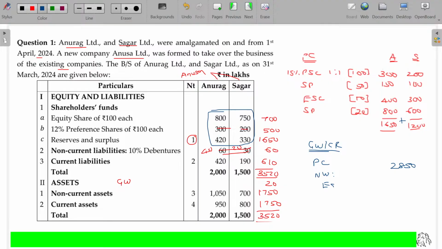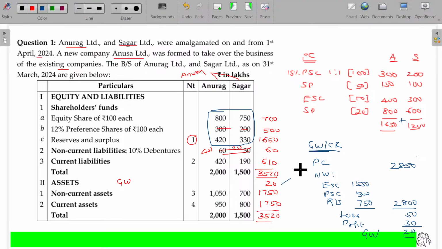Equity share capital 1,550, preference share capital 500, reserves and surplus 750. Total 2,800. So you are paying 50 rupees more, 50 rupees being the loss. Apart from that, you are paying less to the debenture holders by how much? 60 plus 30, 90, but you are offering only 60. Because of that, you save a profit on settlement to the debenture holders of 30. Ultimately, your loss is 20. Loss on purchase consideration is always named as goodwill.